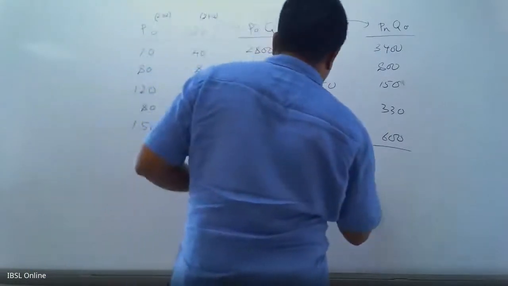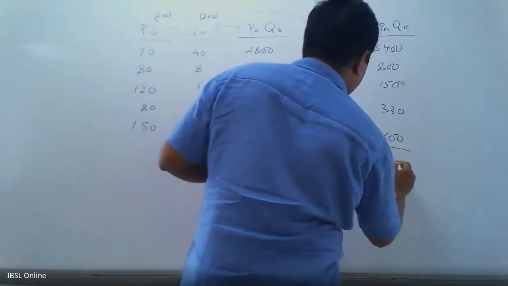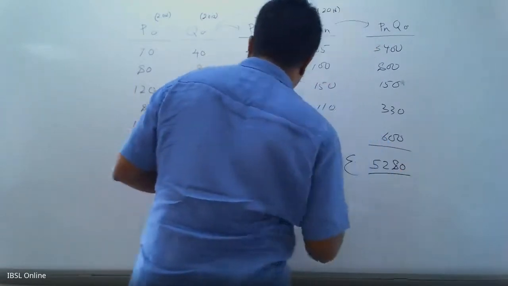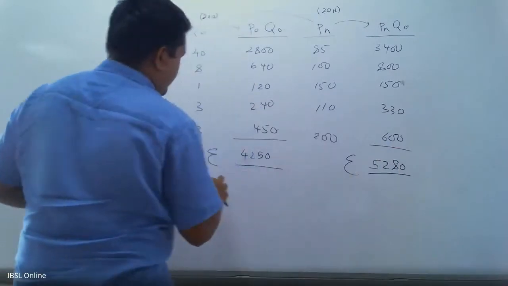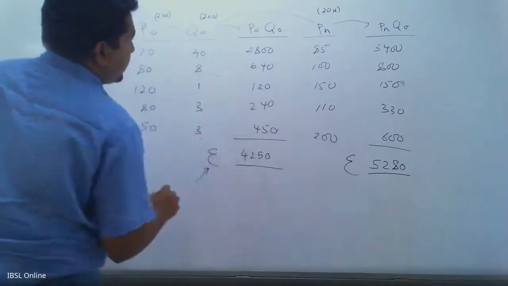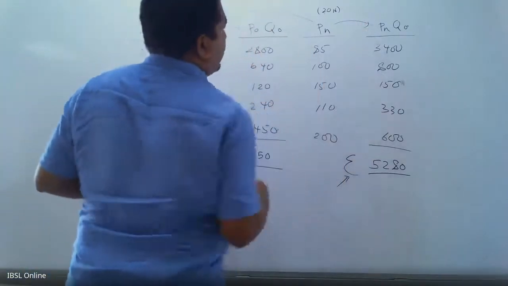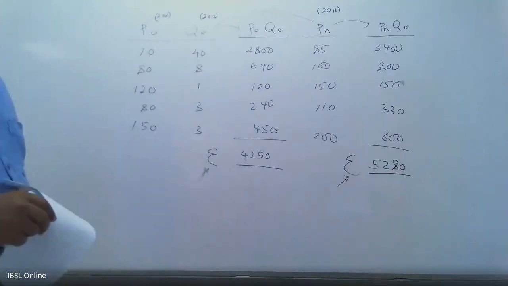The total, again the sigma, shall be 5,280. What I have calculated here is the P0 Q0 sigma, and here the Pn Q0 sigma.